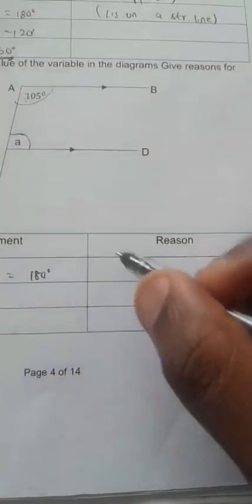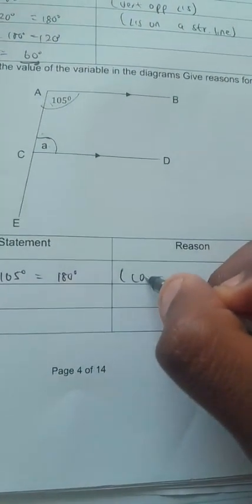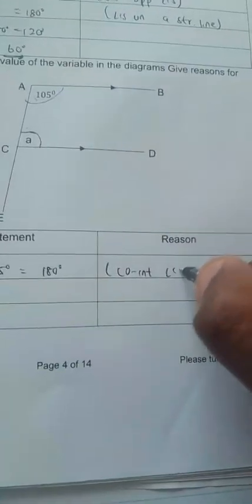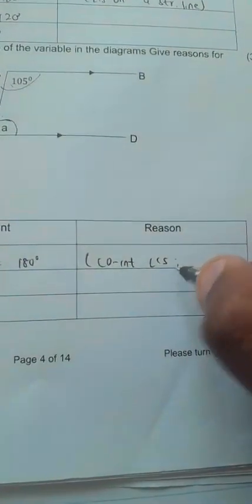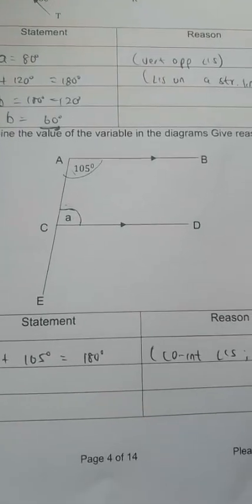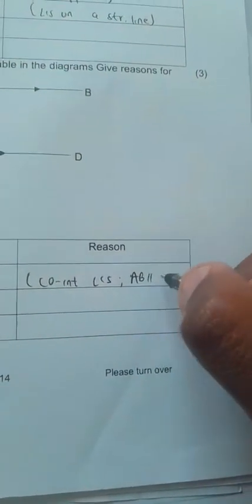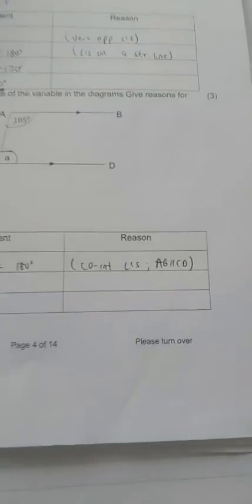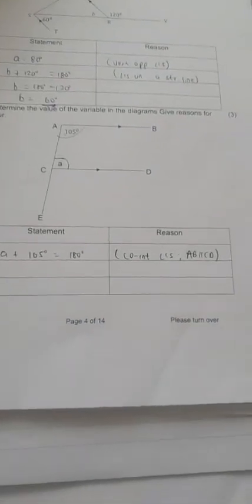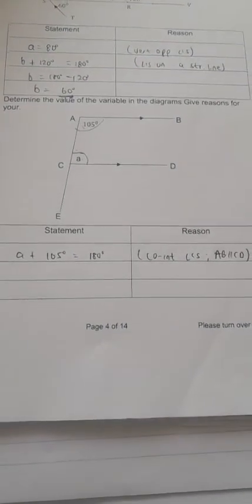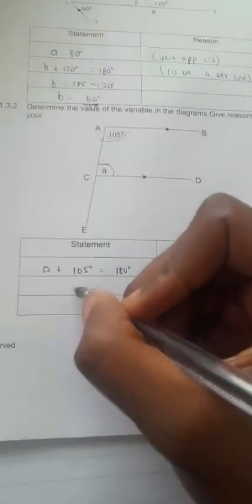All right? And we write our reason. What's the reason? Co-int angles. And remember, we need to state the parallel lines. Let's not forget to state the parallel lines. AB is parallel to CD. Then we solve for the unknown. Don't forget to solve for the unknown.